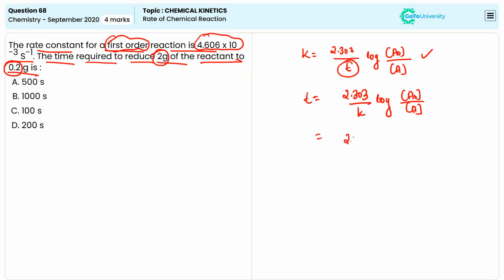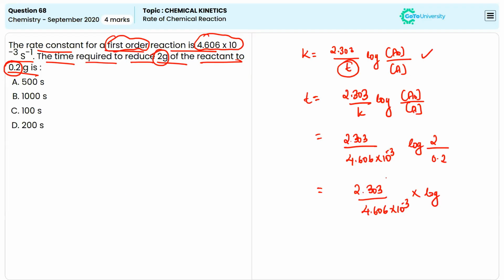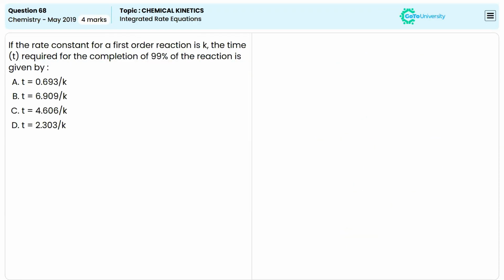Substituting and calculating, you will get the final answer, 500 seconds. So option A is the correct one.